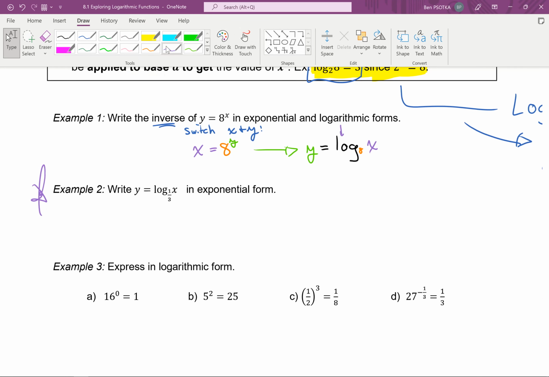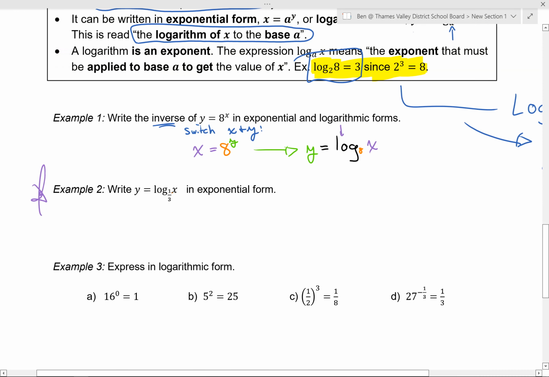Okay, so say we're working with a base of 1 over 3. That's always where we start. We find our base. Our base is 1 over 3. Then I see that x is on its own on this side of the equal sign, and then it goes into my logarithm. So if the x is on its own, then my x needs to stay on its own in this new equation.